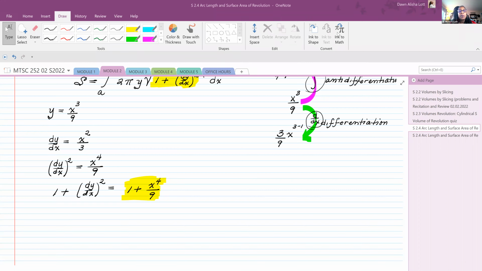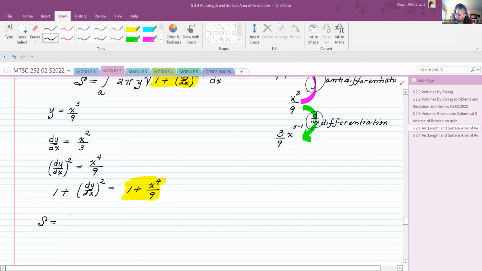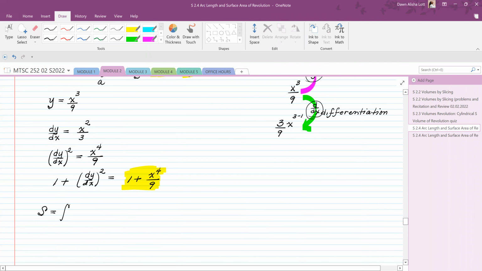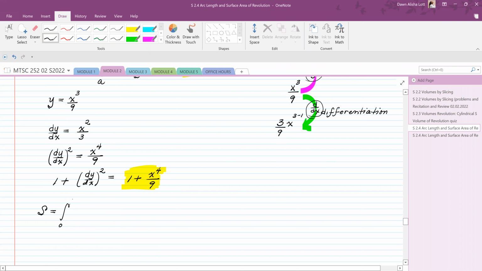Bianca. Okay, so we're going to put everything inside the integral. So S is equal to the integral. What are A and B? 0 and 2. And then I have 2 pi.